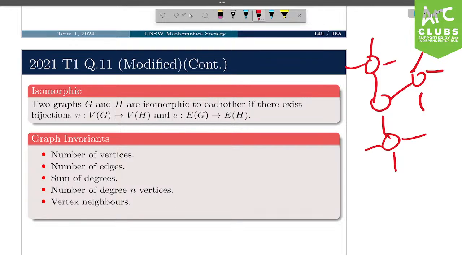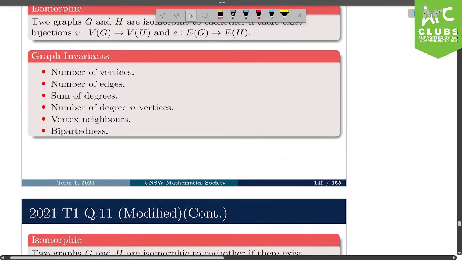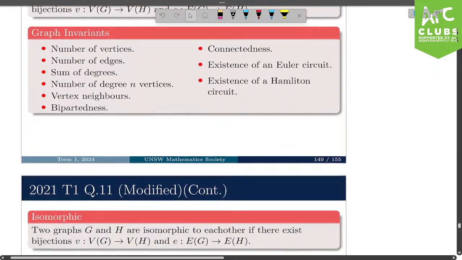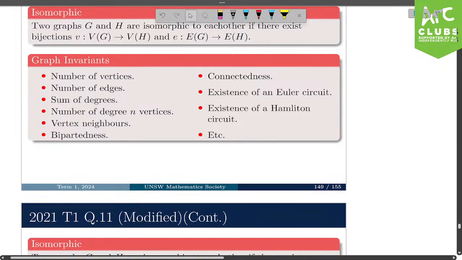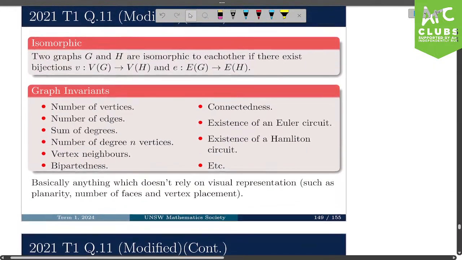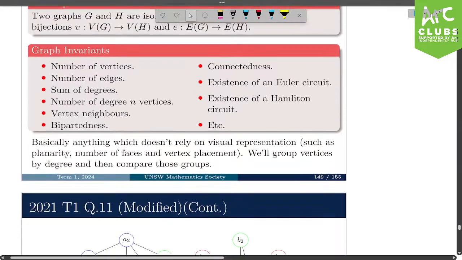That is useful, as we will see in this question. Also bipartiteness. So if one is bipartite, the other isn't, you know. We have a bunch more here. Feel free to refer to this list: connectedness, Euler circuits, Hamiltonian circuits, etc. Cool. So these are anything that doesn't rely on a visual representation, any property inherent to the abstract construction of the graph.